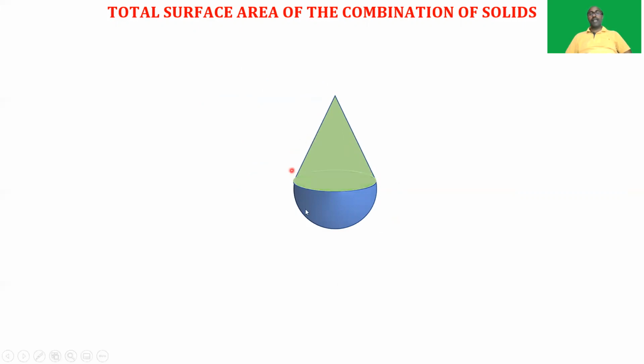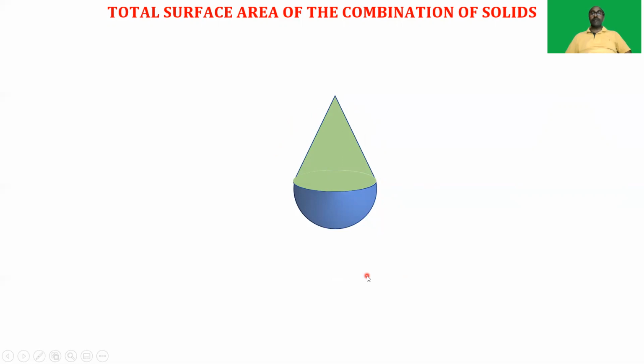Now the surface area of this toy. What is the surface area of this toy? That is the question. So which part are we able to see in this toy? Can you get it? We are able to see only the curved surface area of the cone and the curved surface area of the hemisphere.